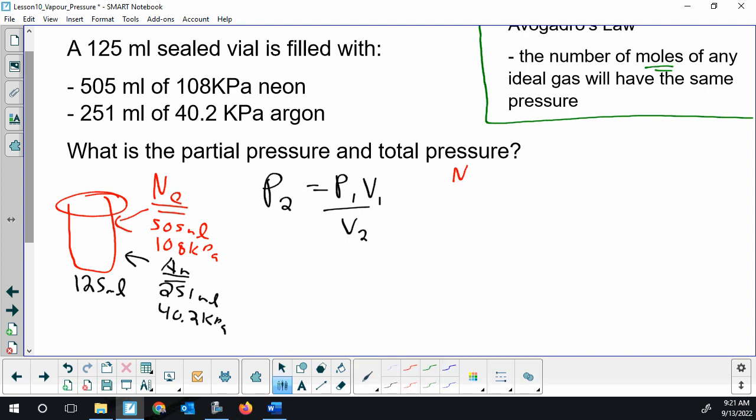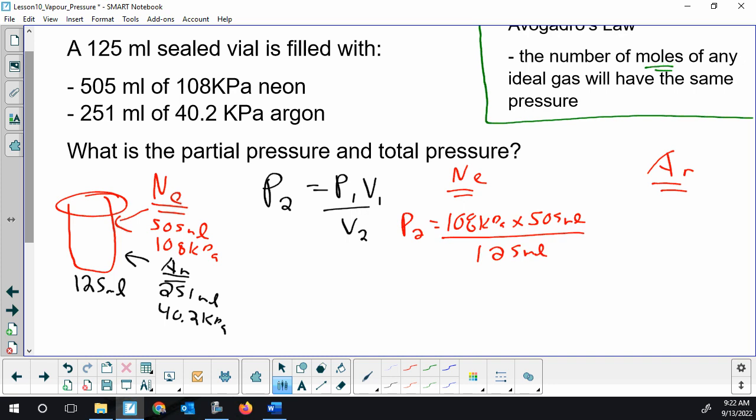So I'll do this for neon, and then I'll do it on the far right for argon. So P1... so that'll be our calculation for neon.